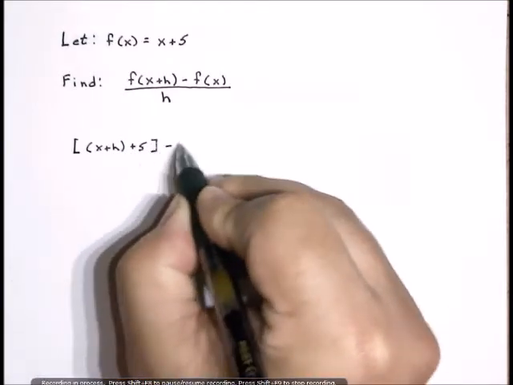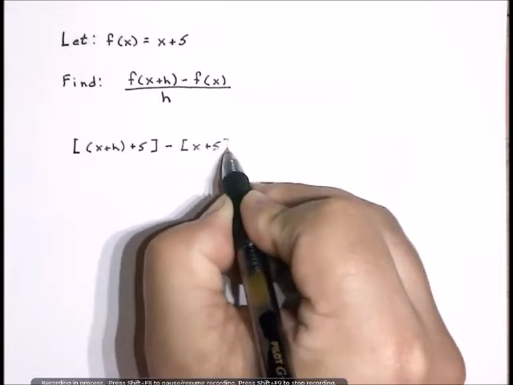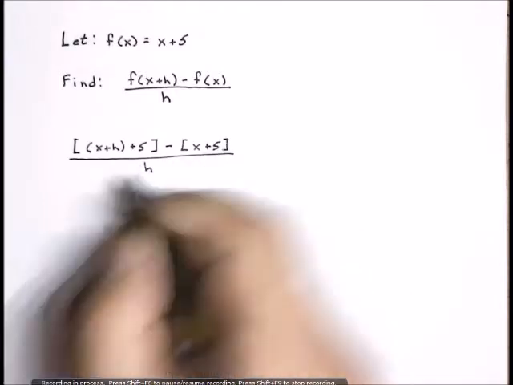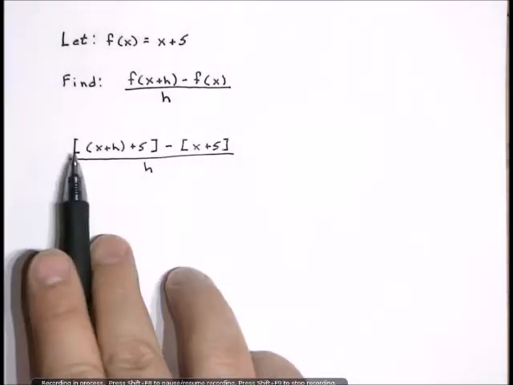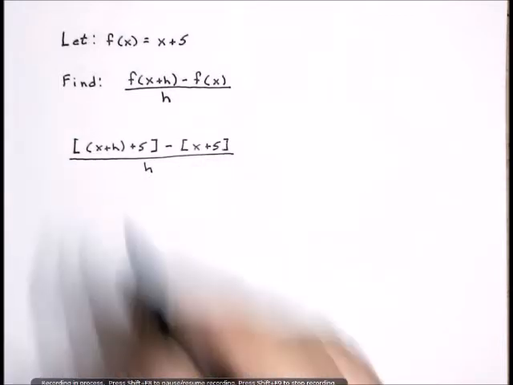Then I'm going to subtract f of x. And this is one situation where parentheses come in handy. So there's my f of x plus h, my f of x, and the h.